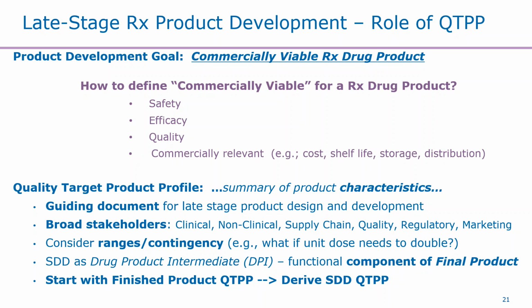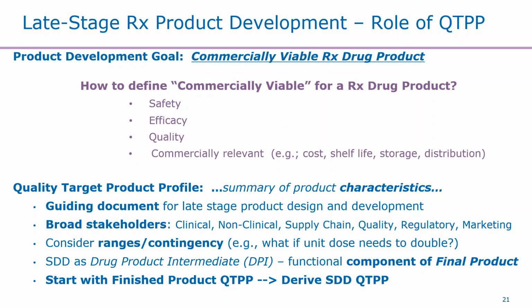How we define commercially viable is probably beyond the scope of this talk, but there are well-accepted attributes in the categories of safety, efficacy, quality, and of course, commercially relevant attributes like cost, shelf life, storage, and distribution. As John told us, the quality target product profile is a summary of the product's characteristics as they apply to these categories.